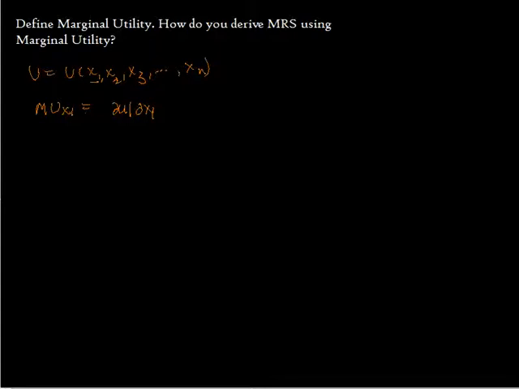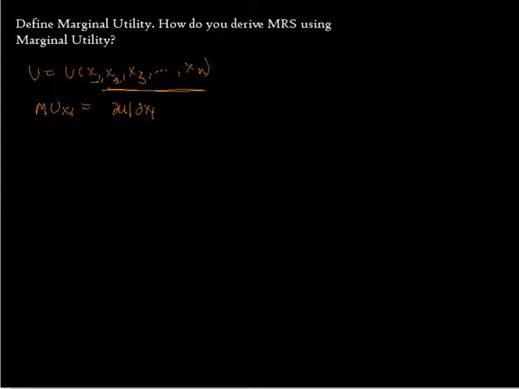If you consume x1 a bit more than you were consuming earlier while keeping x2 through xn constant, then the change in utility which occurs is your marginal utility of x1.